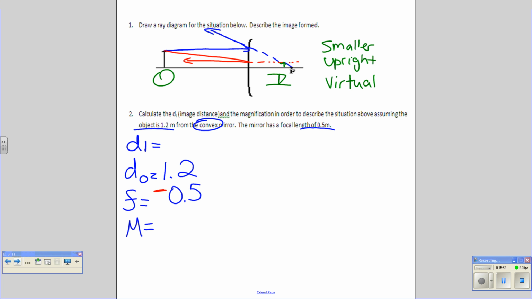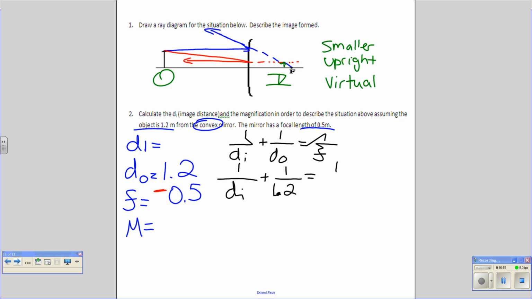Now, in order to find our magnification, we need to find DI. So 1 over DI plus 1 over DO equals 1 over F. So 1 over DI plus 1 over 1.2 equals 1 over negative 0.5.